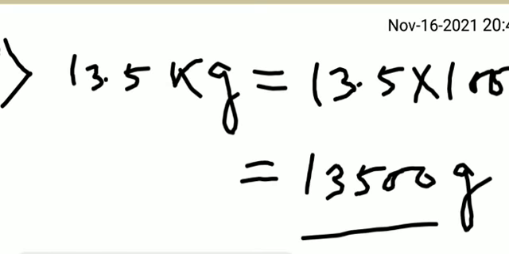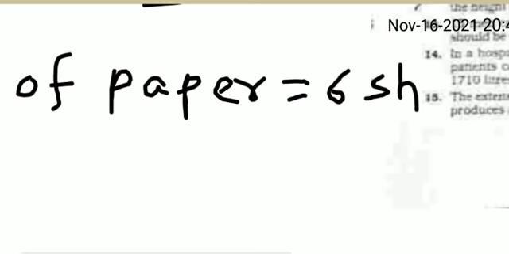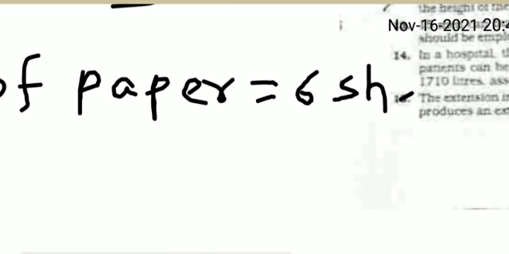So now you start the proper statement that 162 grams of paper equal to 6 sheets. Okay, 6 sheets.